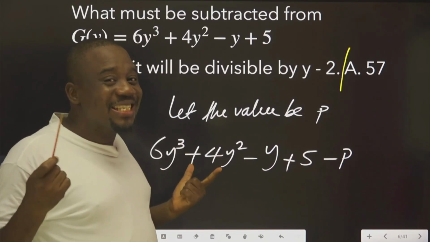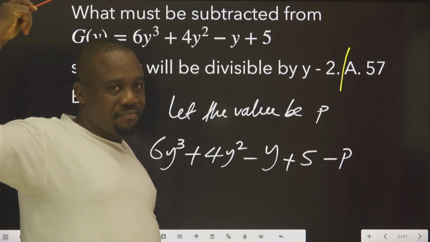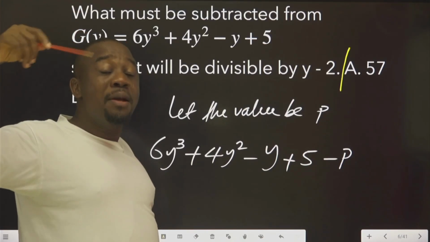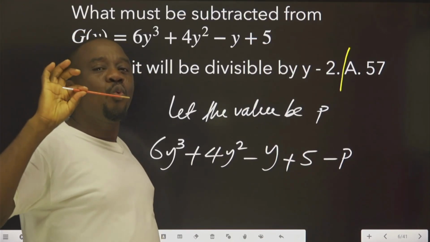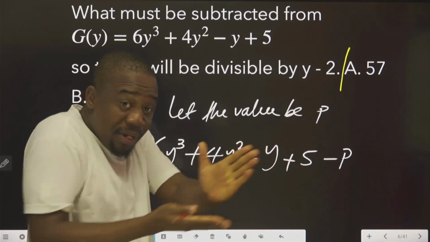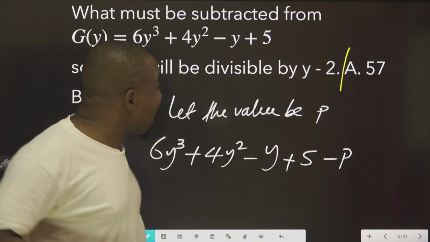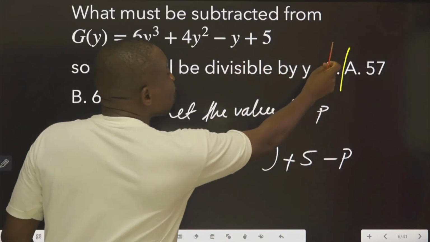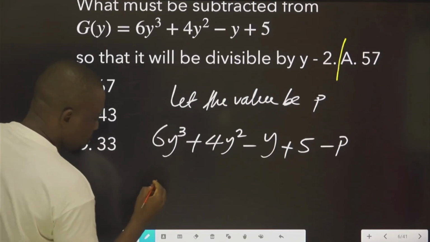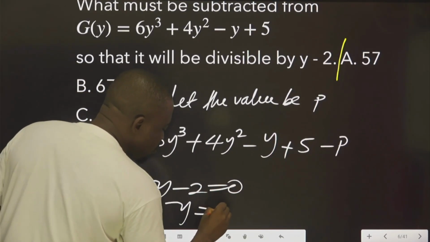What that one means is to remind you now, remainder's theorem. What is remainder's theorem? Remainder's theorem is once there is a divisor, which is this one, that is the denominator you are going to use to divide it. And after dividing it, no remainder. It means that if you substitute, that is y minus 2 equals to 0, y equals to 2.